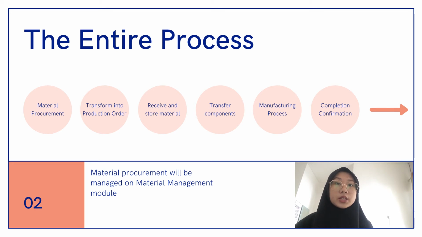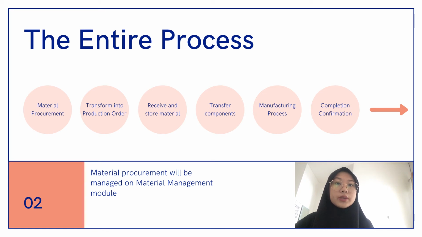So we make a purchase requisition to the purchasing staff, and the rest of the procurement process will be carried out in the material management module. And while requesting a purchase, we transform the planned order from the MRP into the production order.